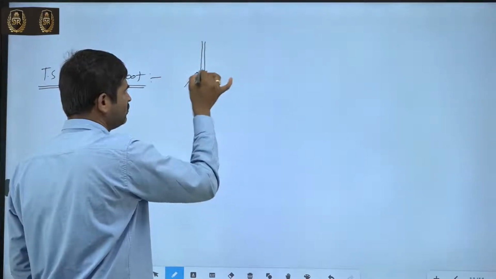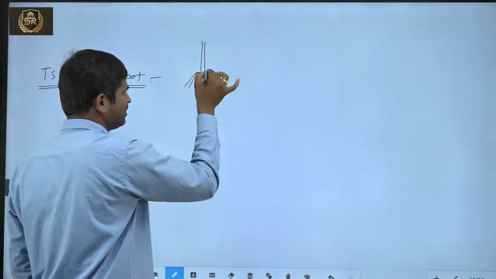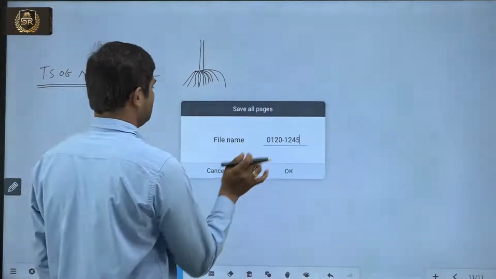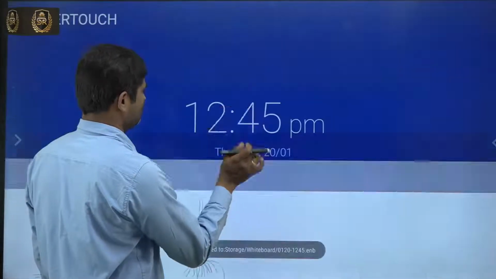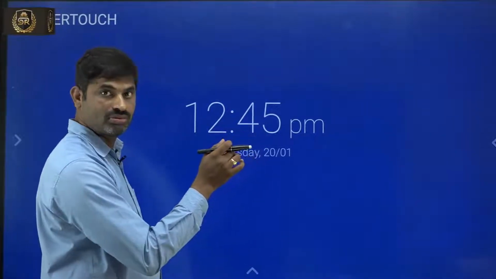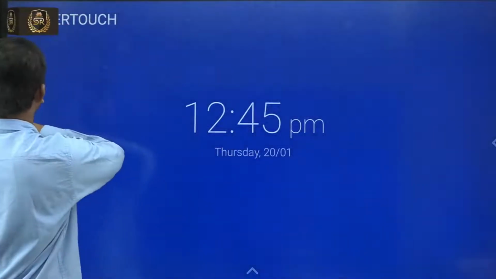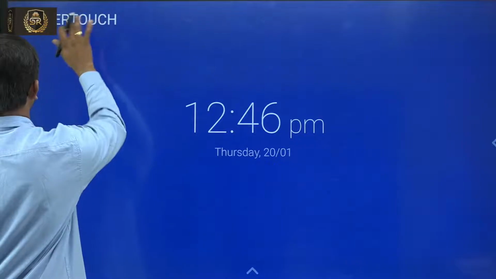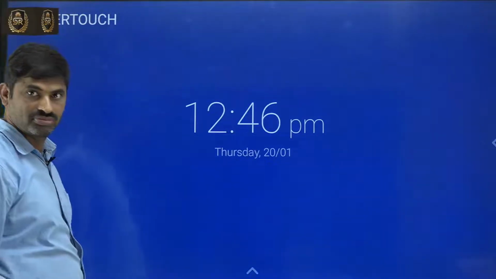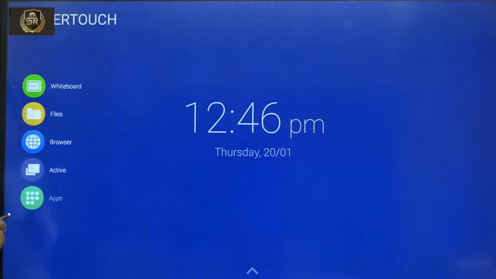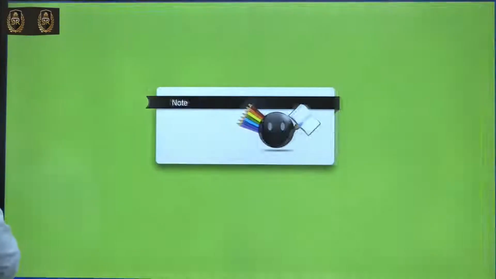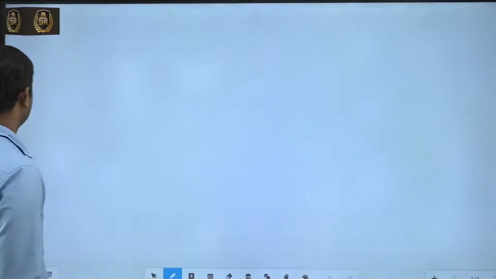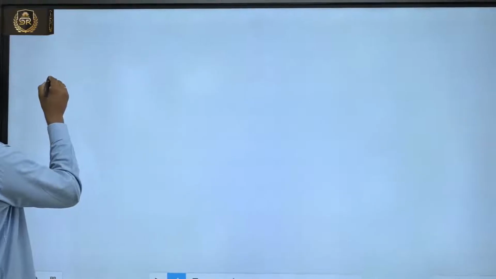Fibrous root system is present. Okay, monocot root system.